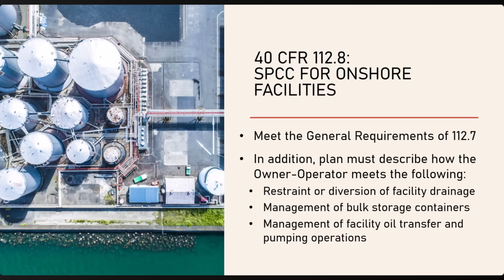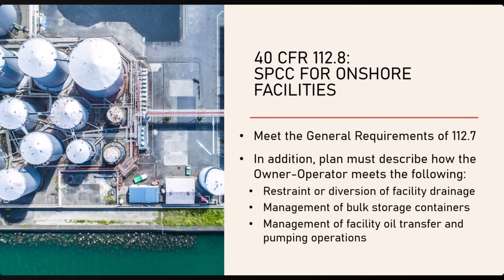40 CFR 112.8 includes additional requirements that must be described in the plan for onshore oil storage facilities. Note that different requirements must be addressed in plans for oil production and drilling facilities or facilities involving oils from animal and vegetable oils. The plan for onshore facilities must meet all the general requirements just covered in 40 CFR 112.7.